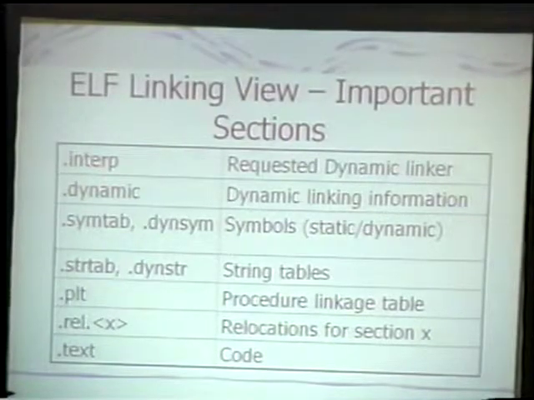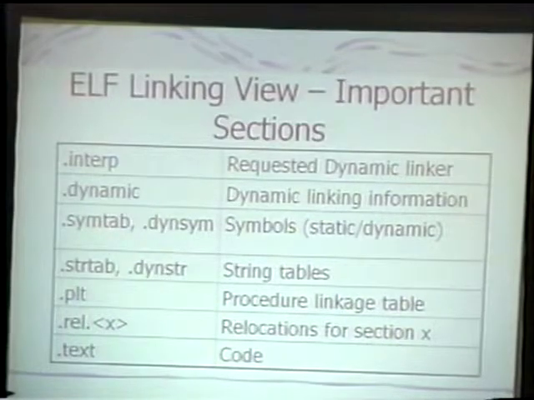If we look here, we've got the interp section. The interp section requests a certain dynamic loader which you'd like to be used to load this executable. The dynamic section provides information which the dynamic linker or loader needs in order to successfully work with this file. It's the critical section for any dynamic executable.